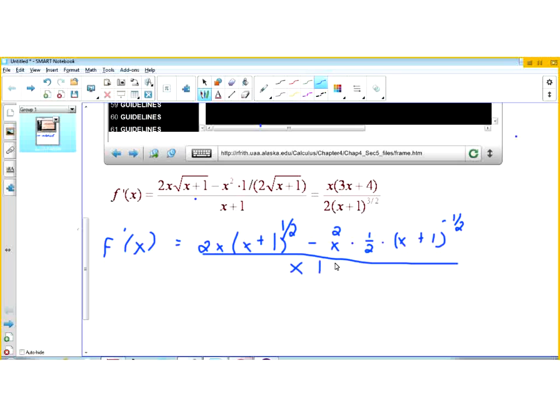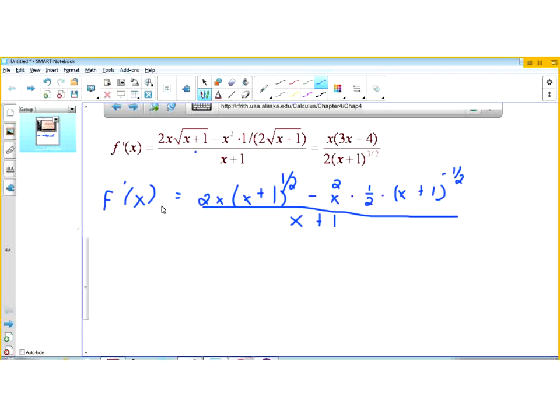All right, so when you factor the numerator, identify the smallest powers and factor on the terms with the smallest power. The smallest power of x is 1, so factor out an x, and the smallest power of x plus 1 is negative 1/2, so factor out an x plus 1 to the negative 1/2. And then go from there.